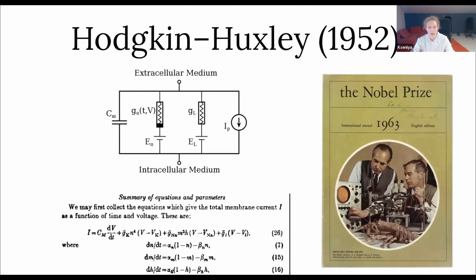After the war, in 1949, the voltage clamp technique was introduced, which was later used in the famous experiments with the giant squid axon in 1952 by Hodgkin and Huxley.